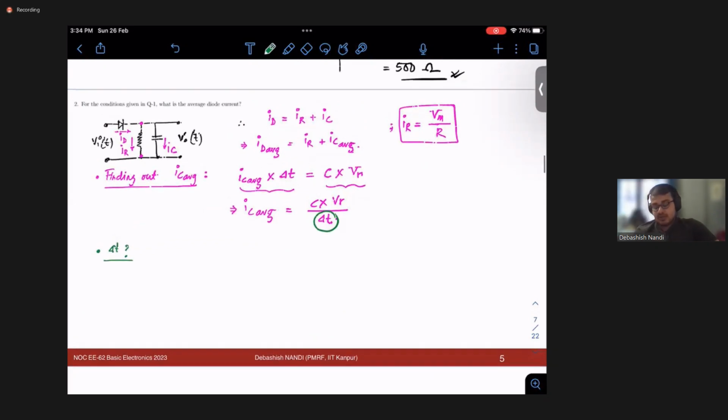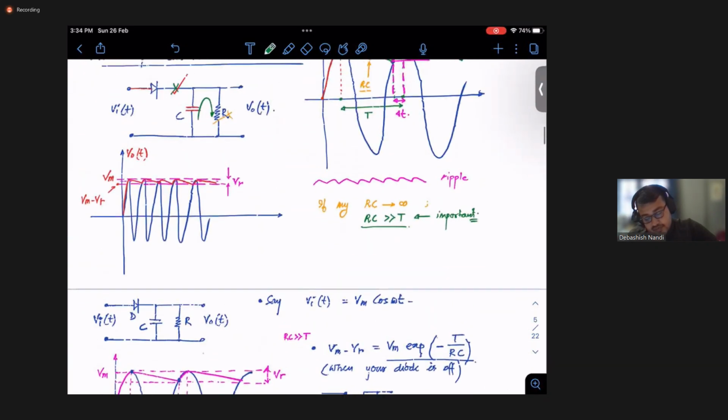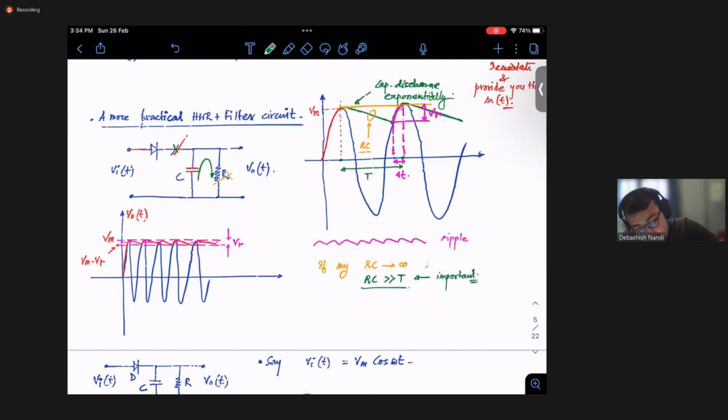You see, from this diagram, delta T can be found out from Vm cos omega delta T, which is nothing but your Vm minus Vr, right?